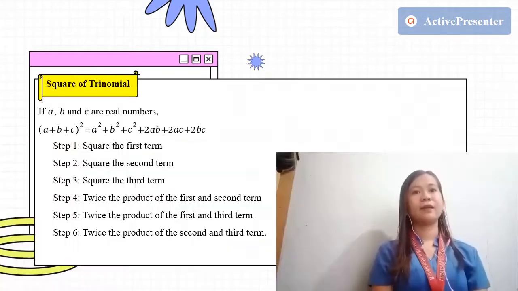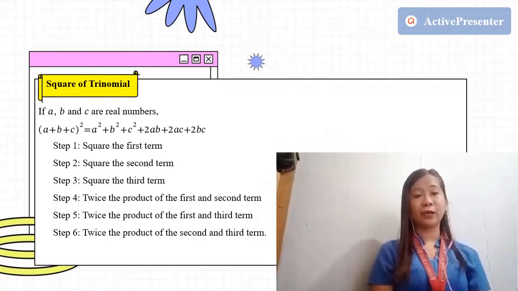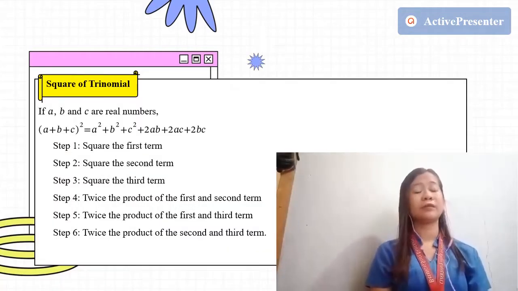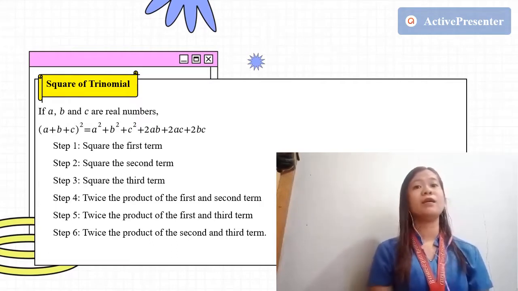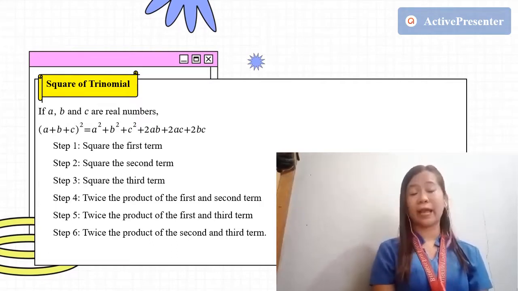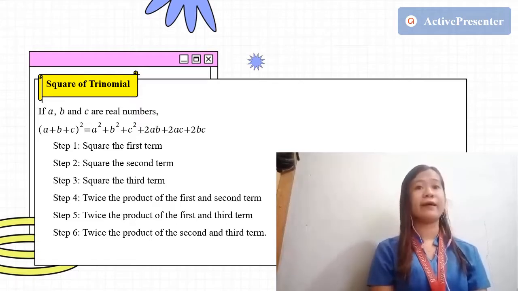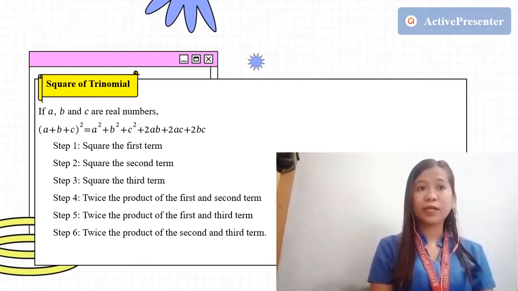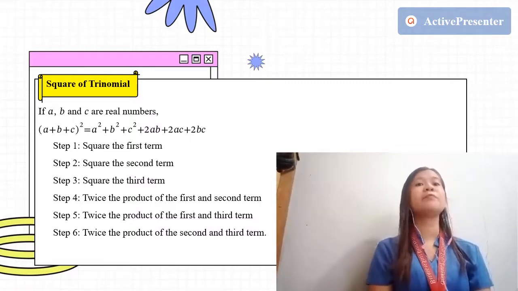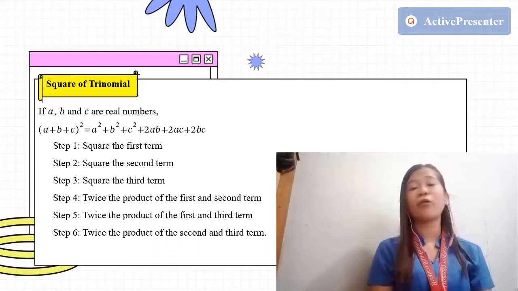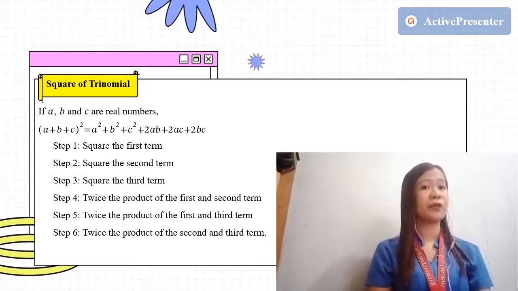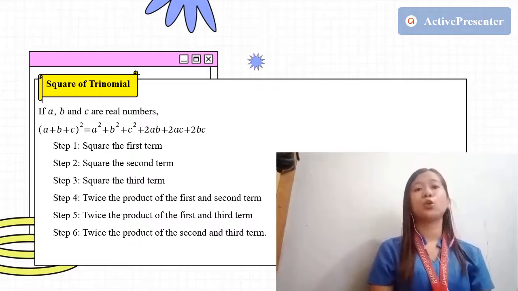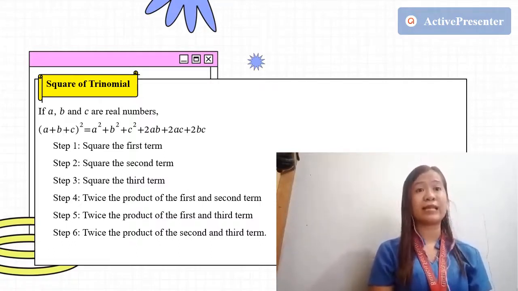Okay? For the square of a trinomial, again, this is a reminder for all, so we have the real numbers a plus b plus c, squared. Then we have square the first term, second step, square the second term, third step, square the third term, and the fourth step, for the fourth term, twice the product of the first and second.